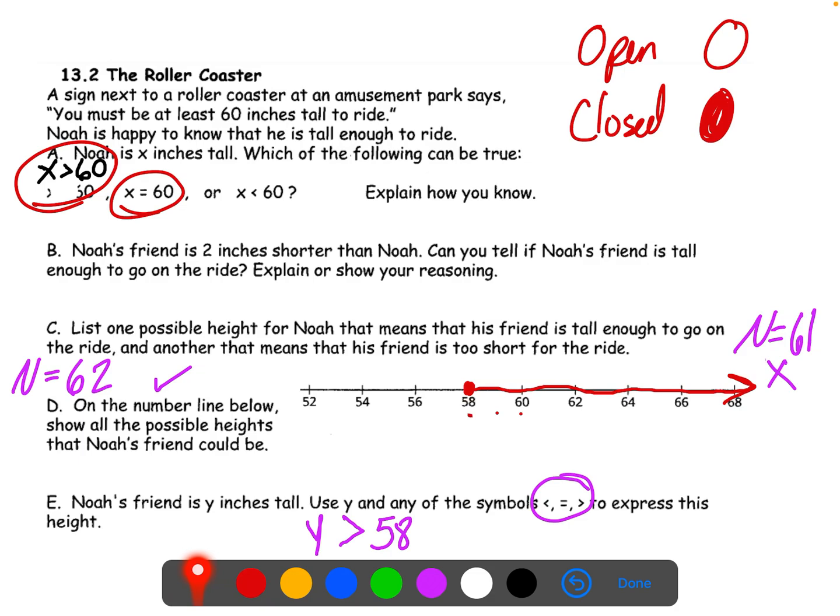We also have to include that his height, y, could equal 58. So we need to also include that y equals 58 as a possibility.